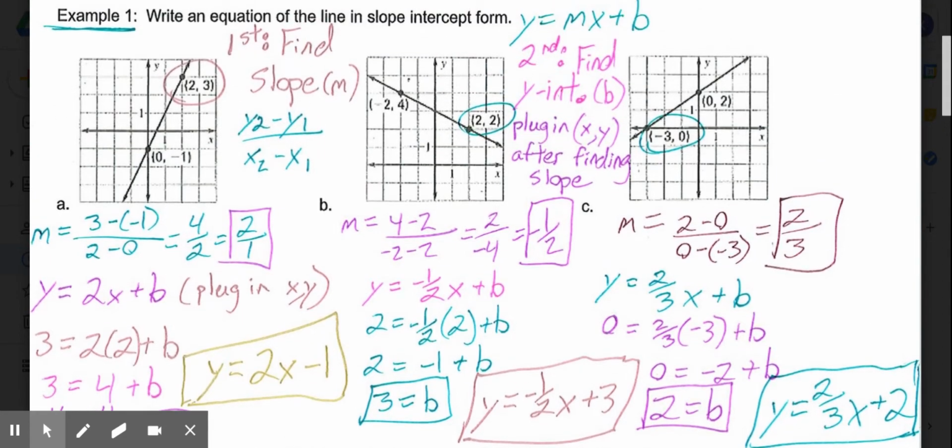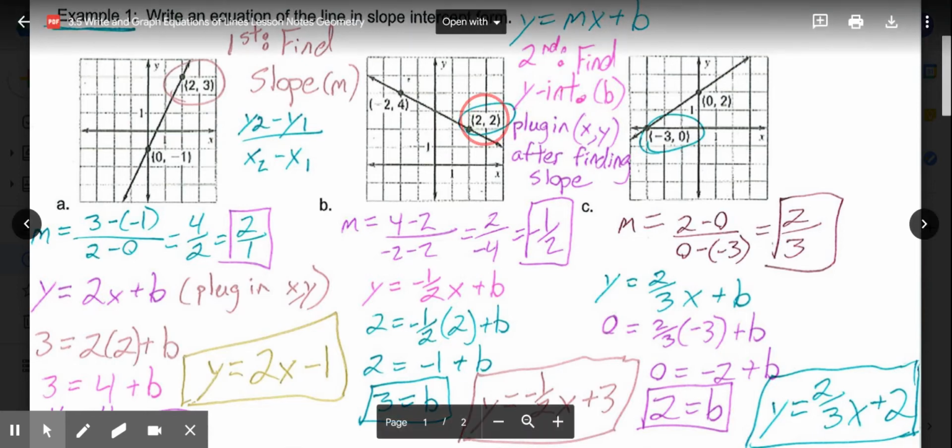So in example 2, or part B, we have the coordinates negative 2, 4 and 2, 2. So again, I'm going to start with finding my slope. So I did 4 minus 2, and then negative 2 minus 2. That gives me 2 over negative 4, which simplifies to a negative 1/2. Now I'm going to rewrite my equation, y equals mx plus b, with my new slope. So y equals a negative 1/2 x plus b.